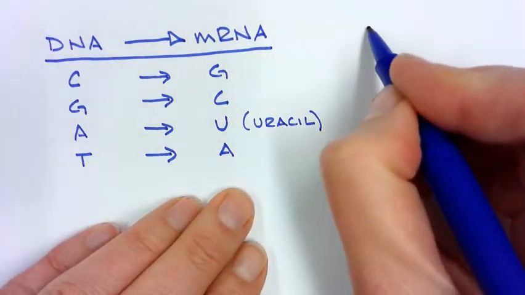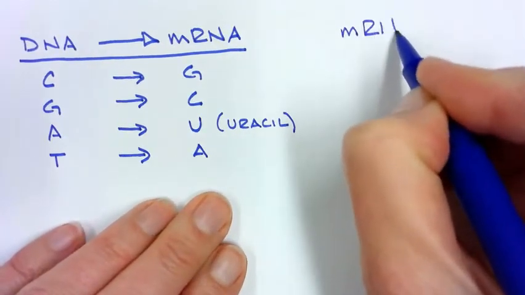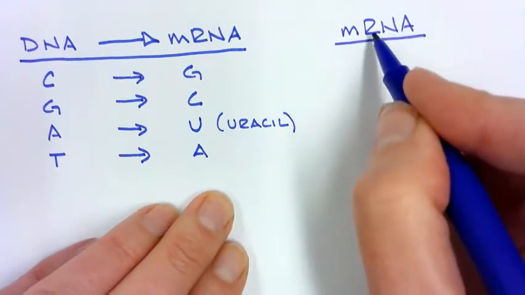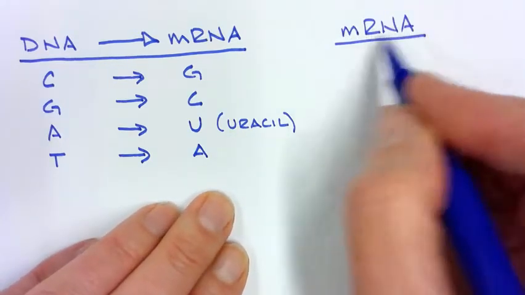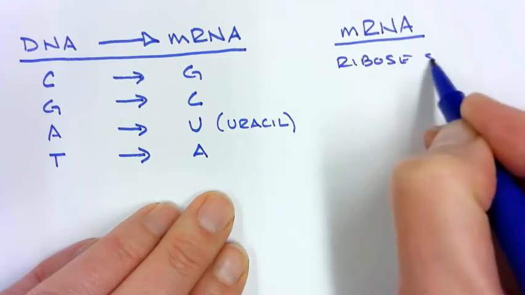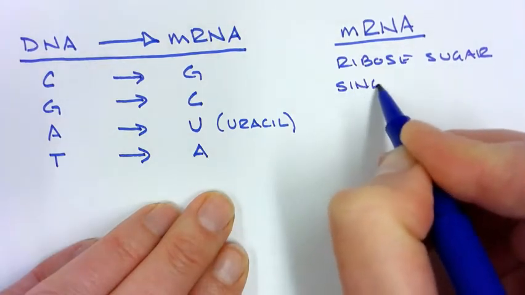So let's just go over what messenger RNA stands for. Little m stands for the messenger. Instead of deoxyribose as the sugar, this has what's called ribose sugar. It is single-stranded.